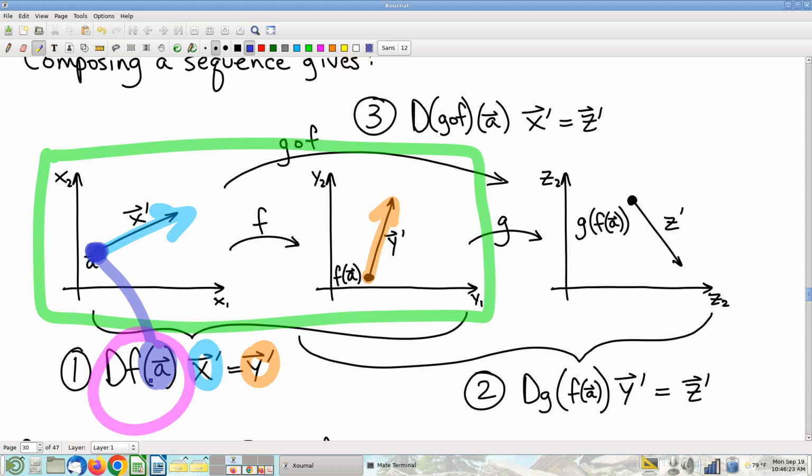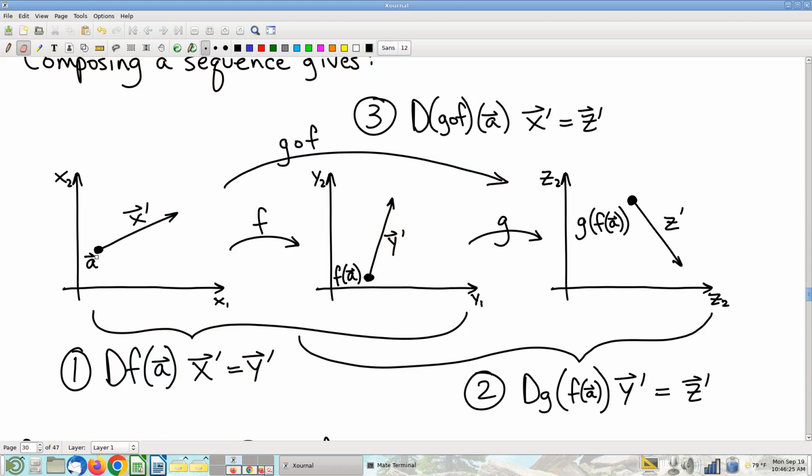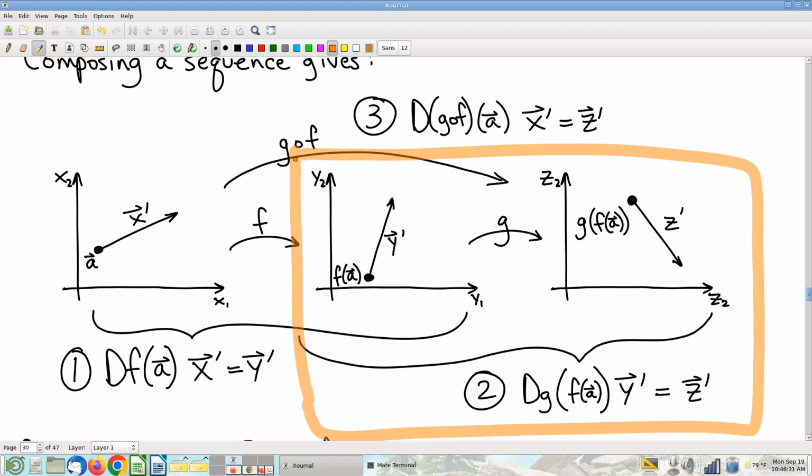Fine. You just have to notice, when you think that through as pertains to this, where we've got input velocity y prime and output velocity z prime, what is the location at which my derivative matrix is evaluated? Well, I'm at that point.